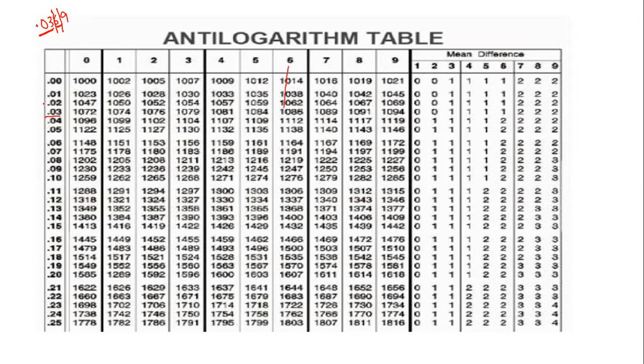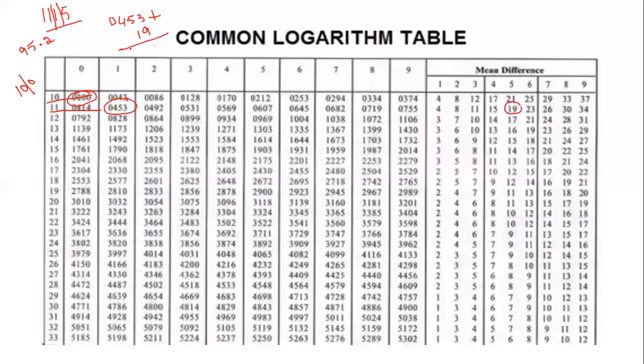Okay, in the 6th column you have to see 1086. For that you have to add the 9th mean difference. In that same row, see the 9th difference, that is 2. Okay, that is 1086 plus 2, that is 1088.